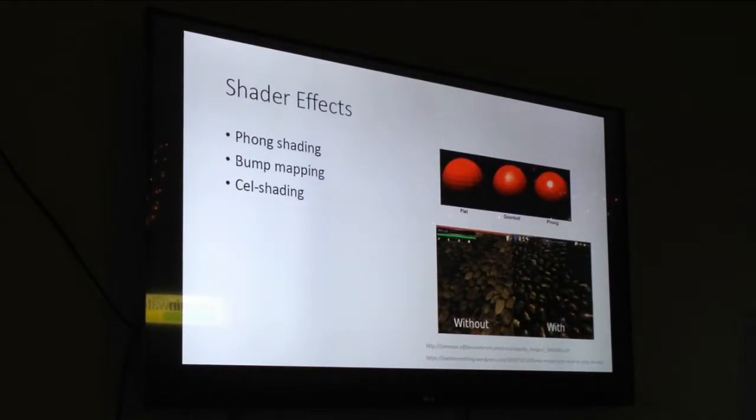So with this stuff, you can do some cool things. You can do some shader effects. The easiest meaningful thing you can do is fragment shading. OpenGL defaults to per vertex shading. It calculates lighting per vertex, and then it interpolates in the middle.